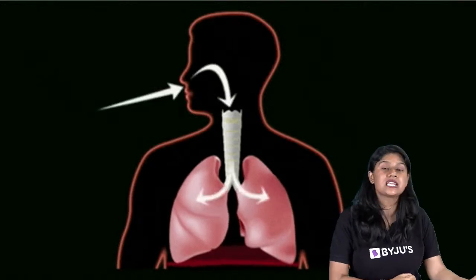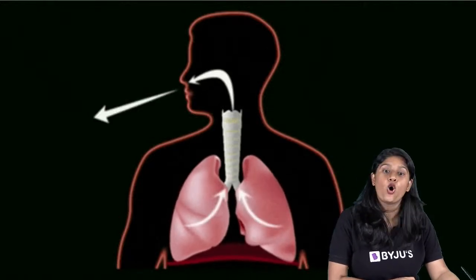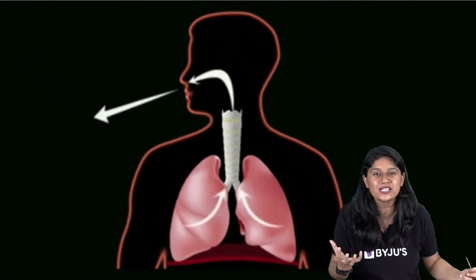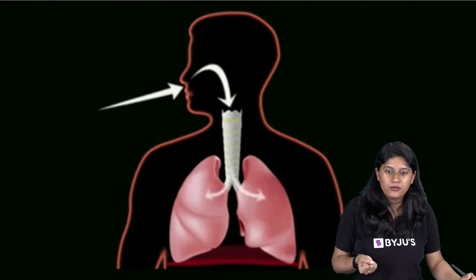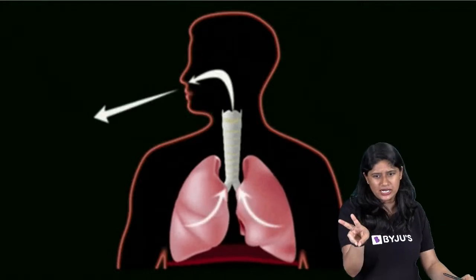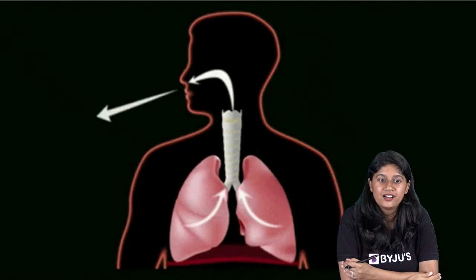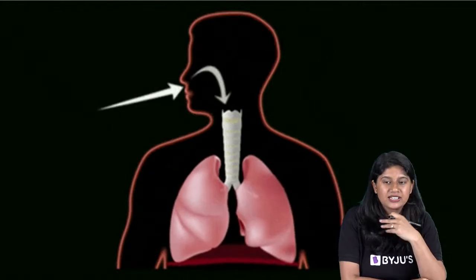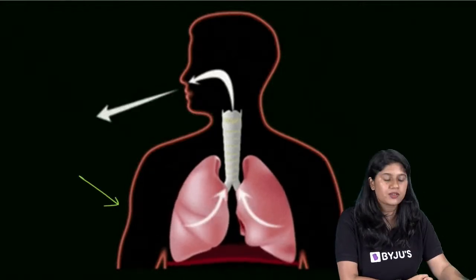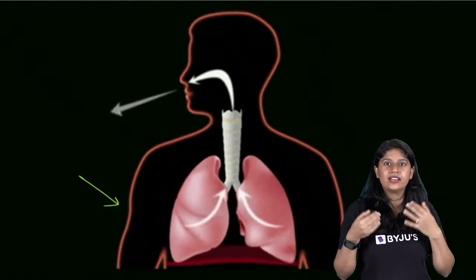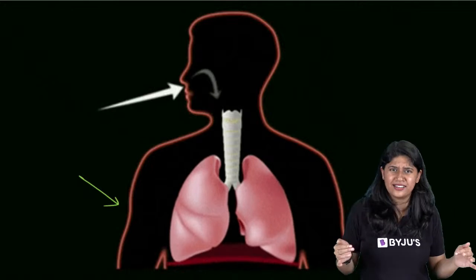Now let's understand the mechanism of respiration, of breathing, and how our body is working. Now, everyone, we have two lungs, yes or no? Tell me everyone, how many lungs do we have? We can clearly see over here we have two lungs, right? We breathe, we inhale and exhale.